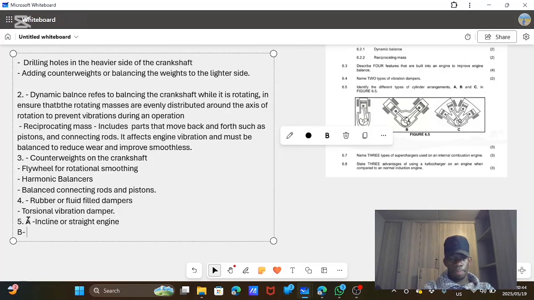B is a V engine. C is a boxer engine, also known as a flat engine.